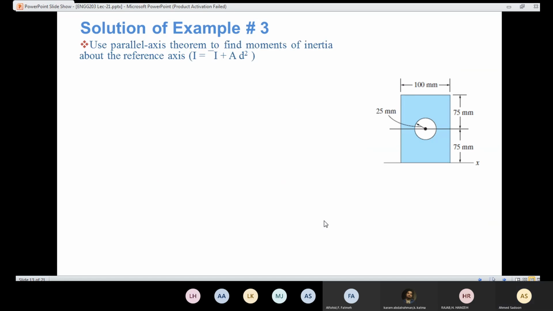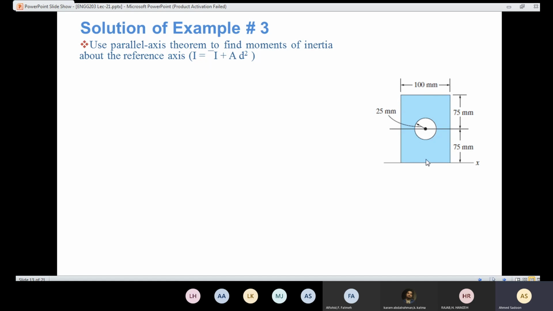Then I need to use the parallel axis theorem to find the moment of inertia about the reference axis. Now I have the moment of inertia for the rectangle and for the circle. Now I need to determine the moment of inertia about that axis. I'm going to take advantage of the moment of inertia about the centroidal axis for the rectangle or for the circle.